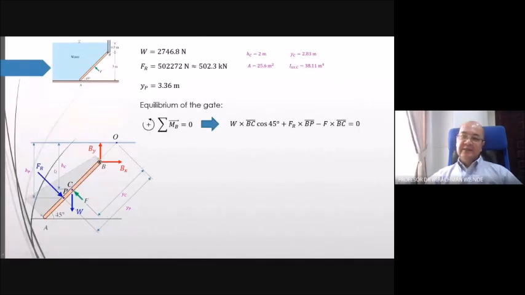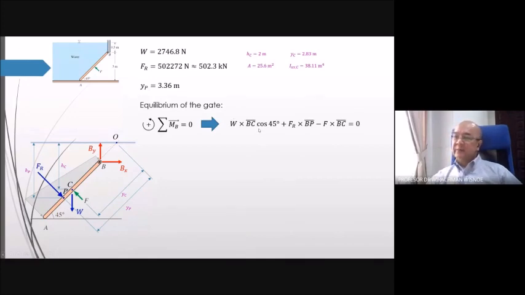The distance from FR to B is BP. And then the last force is this F. When F is applied, it will create a clockwise moment, and the distance is BC. So this is the equation.